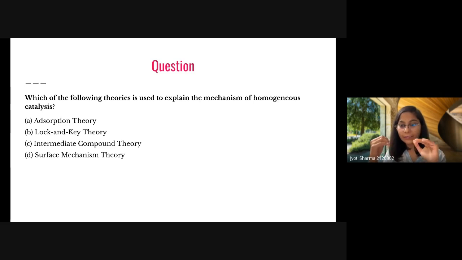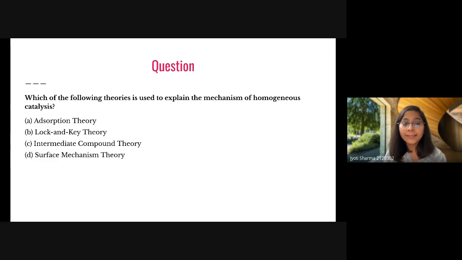So your reactant and your catalyst will fit like lock and key. Each catalyst will have a different kind of structure as a different key, and each reactant will have a different type of structure, like the lock. So this is the theory used for the enzymatic.